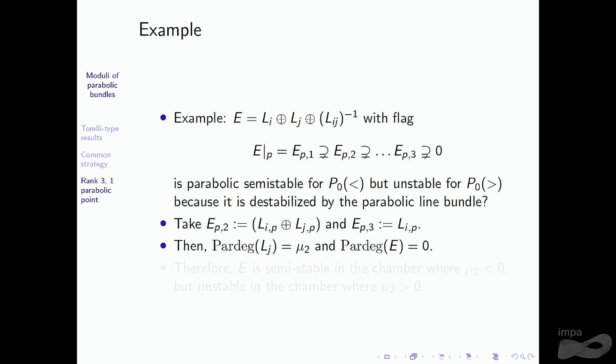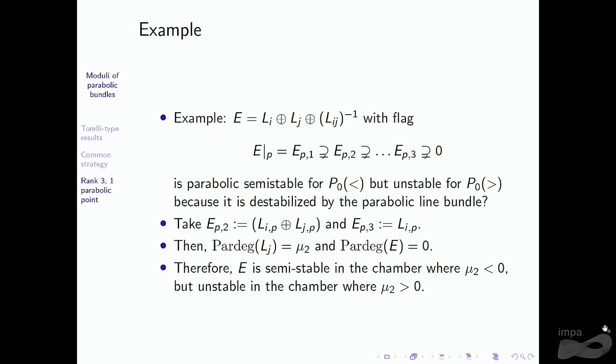The parabolic degree of Lj is mu2, the parabolic degree of E is 0. So E is semi-stable in the chamber where mu2 is less than 0, but unstable in the chamber where mu2 is greater than 0. So you can take exactly the same bundle, but the flag will determine whether or not it is stable.